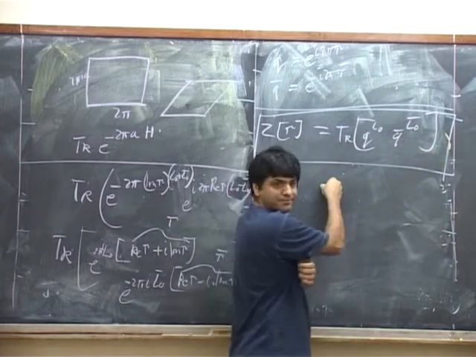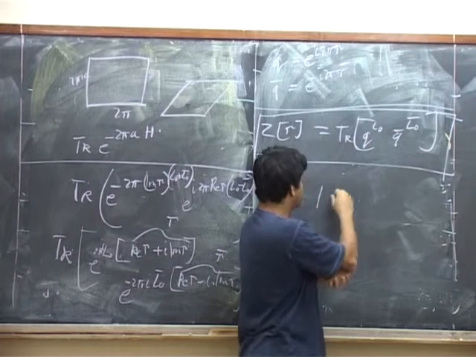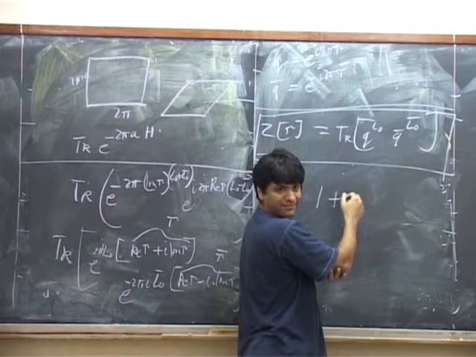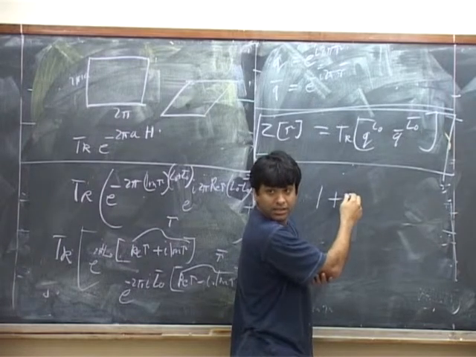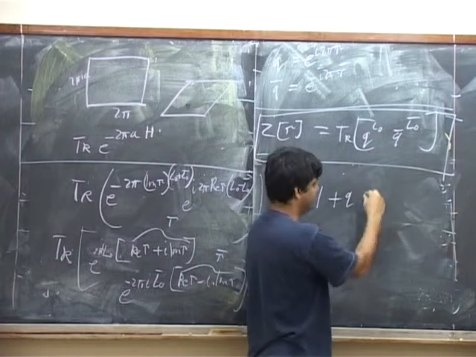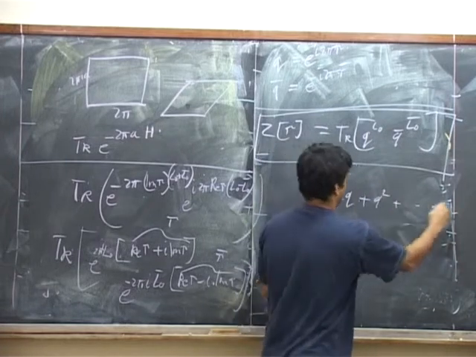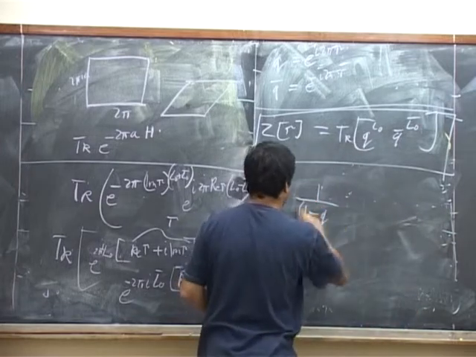What's the contribution of the vacuum? q to the power 0. What's the contribution of the first excited state? q, and N is 1 for the first excited state. Second excited state, q squared. So it's 1 over 1 minus q.